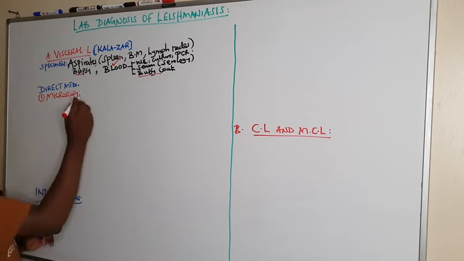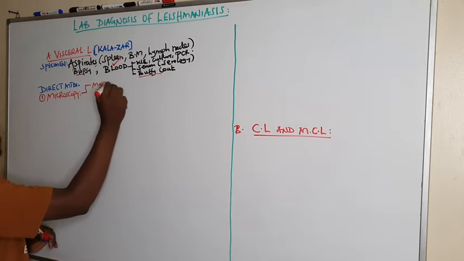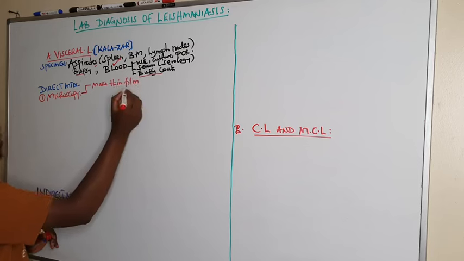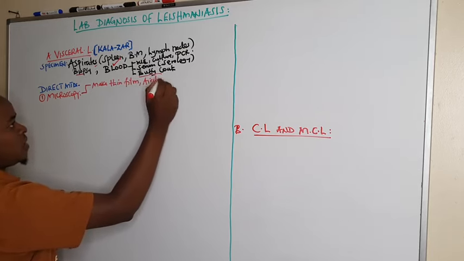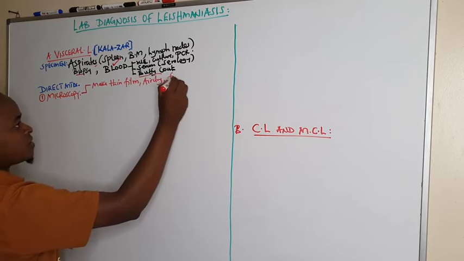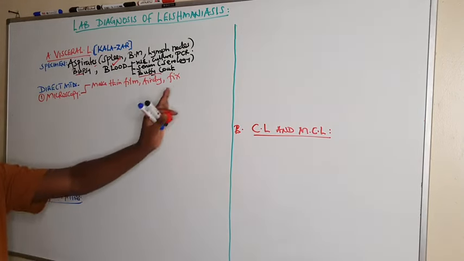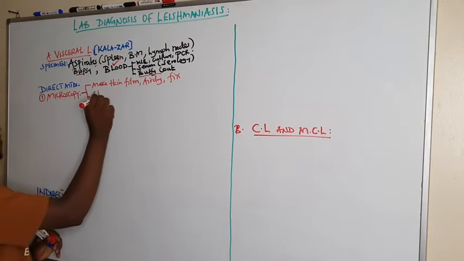Then we first make a thin film or smear. You air dry the smear. After air drying it, you fix using absolute methanol.